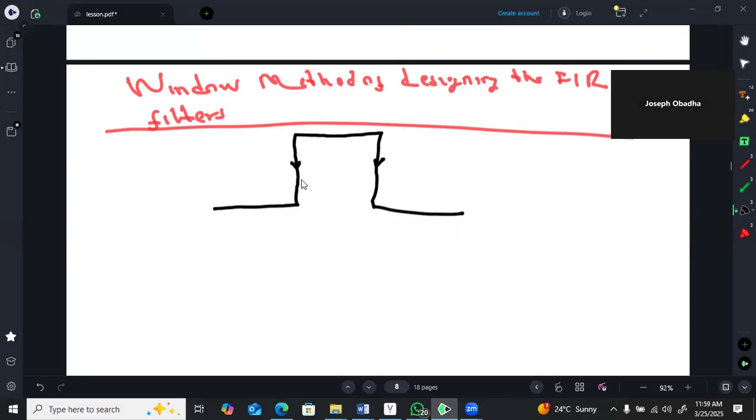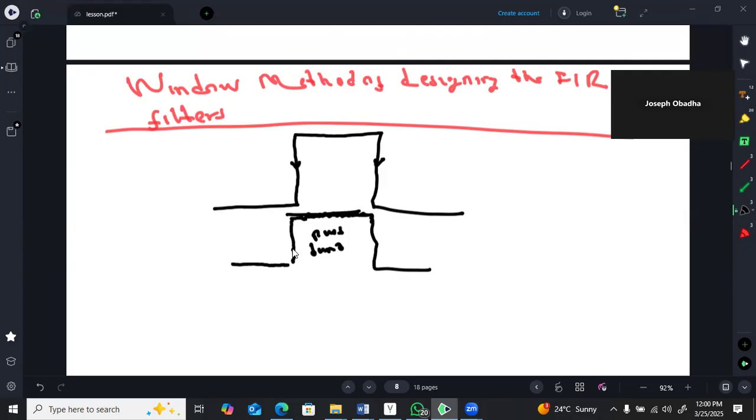If we just truncate in the time domain in this manner, then eventually when we obtain our time domain function, we would find several variations in this passband region. You won't just have a constant like this.